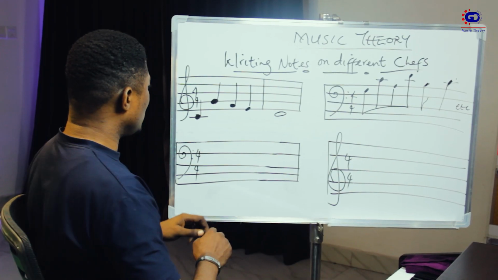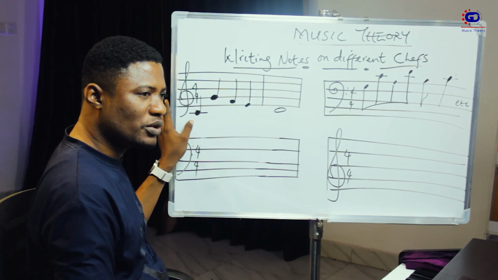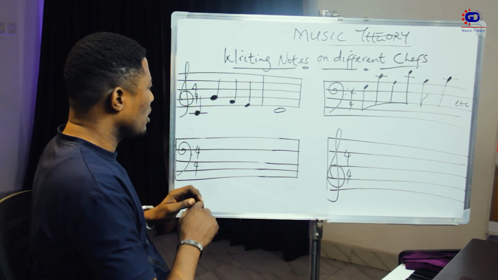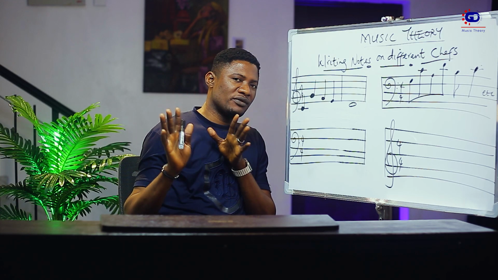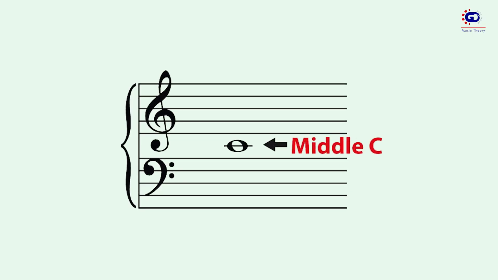Now, let's say, for instance, this music starts with your middle C. Remember, previously we discussed that middle C is the intermediary between the treble clef and the bass clef. It's actually the unifying element between the two.